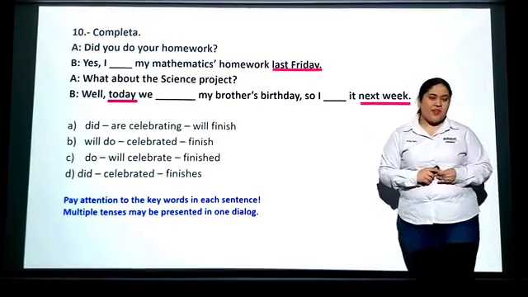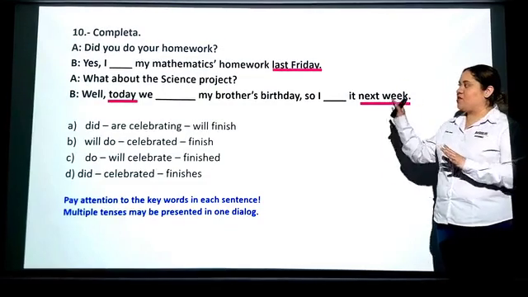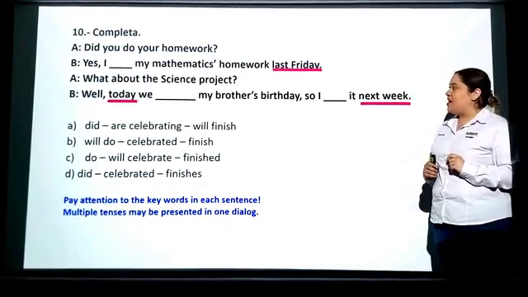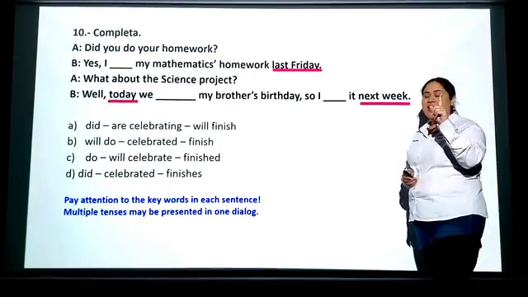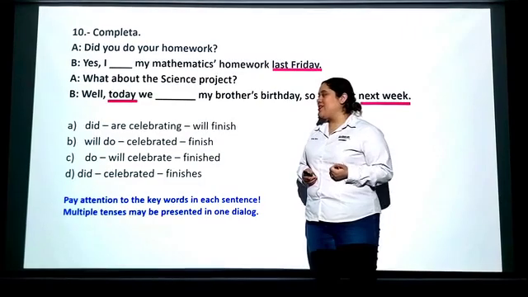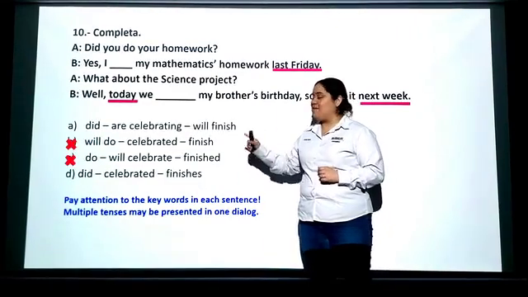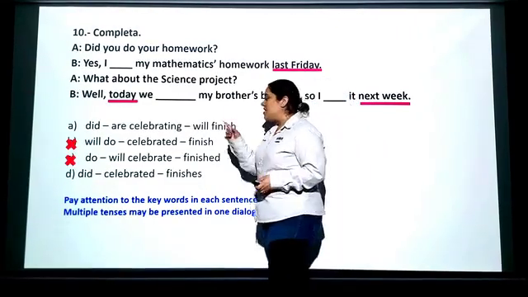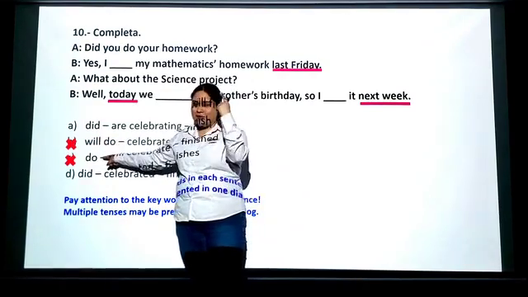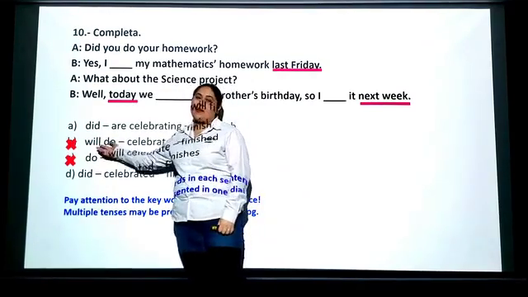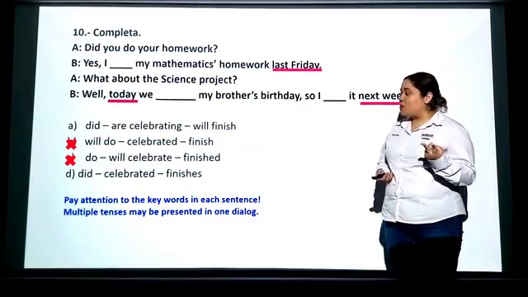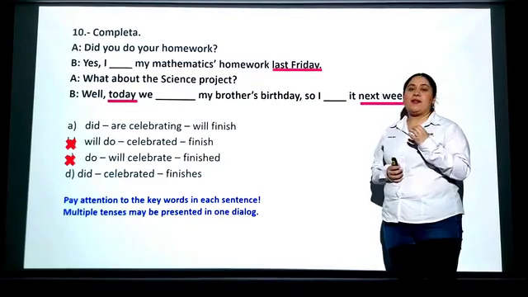Okay, now that we have this information on our minds, we're going to say, last Friday, the first option that I need to have must be in past tense, right? So I am going to eliminate B and C, that's right. As you can see, this one starts with future, will is for the future, remember that, and do, that will be present. Now, I have two options remaining. Both of them begin with did.